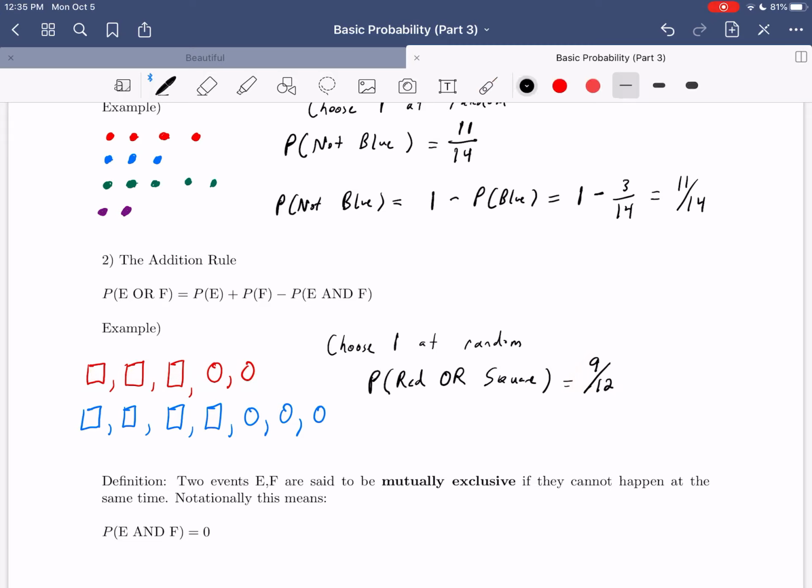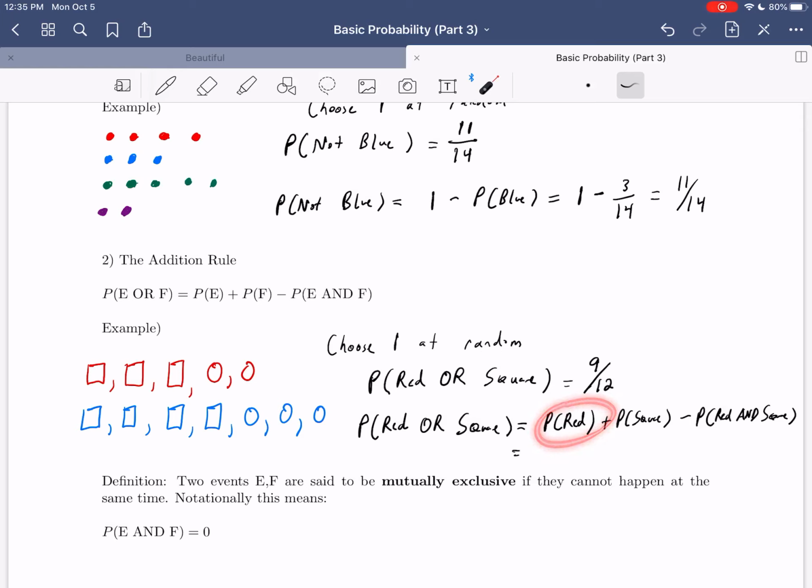What the addition rule allows us to do is say that the probability of red or a square is the probability of red plus the probability of a square minus the probability of red and square. Okay, so what would we get there? Well, the probability of red would be very easy.